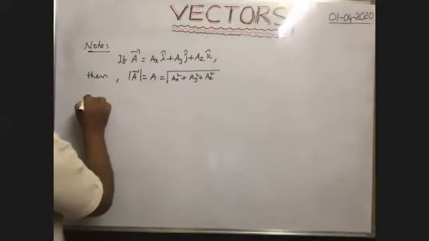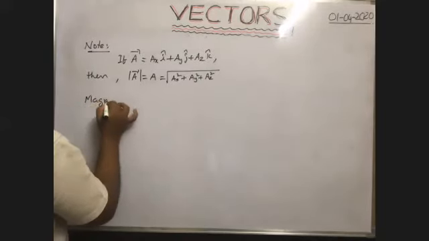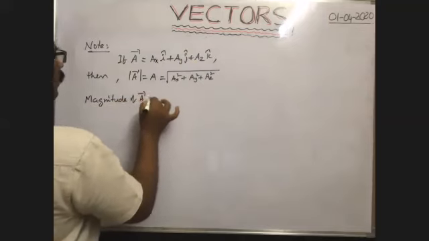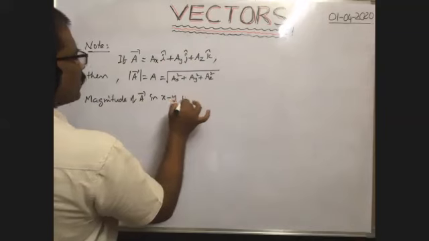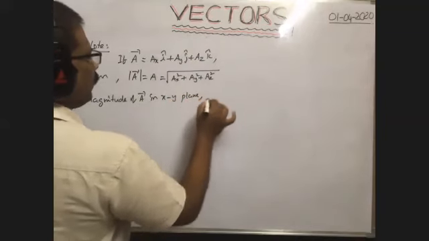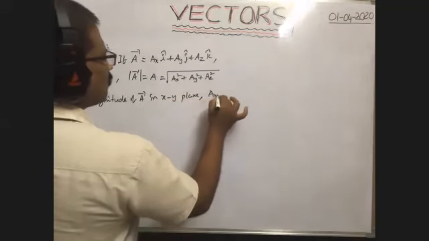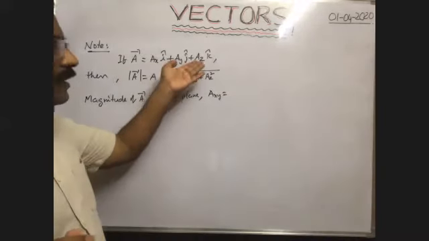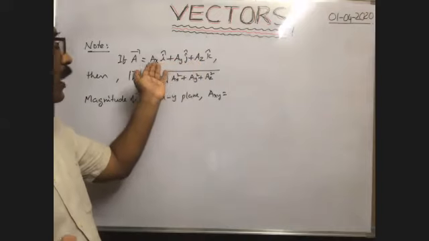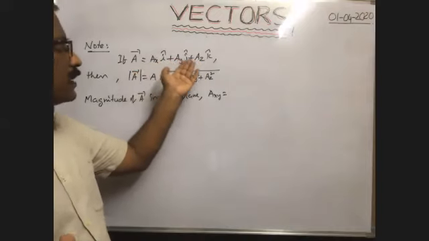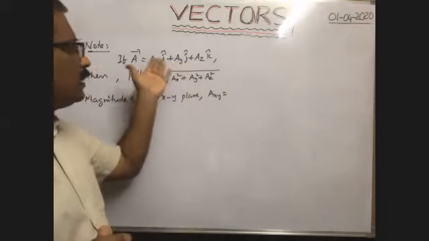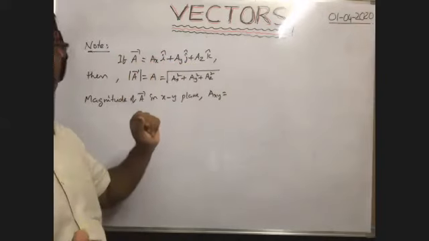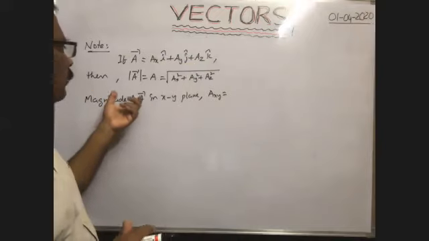Now, the magnitude of a bar in the xy plane, they may ask. That is, axy is equal to how much? The magnitude of that vector is given like this in space, because 3 coordinates are there: x component, y component, z component, all are there. That's why it is in space. Now, the magnitude of the entire vector means this one, but here they ask what is the magnitude of a bar in the xy plane.